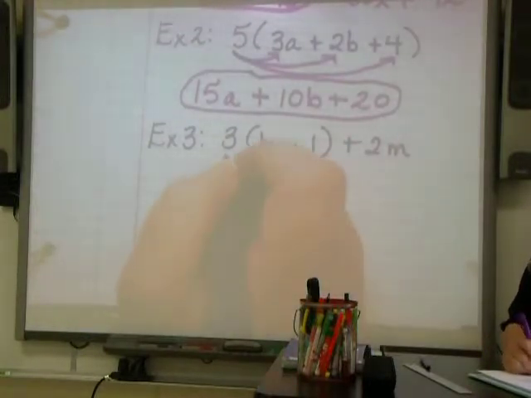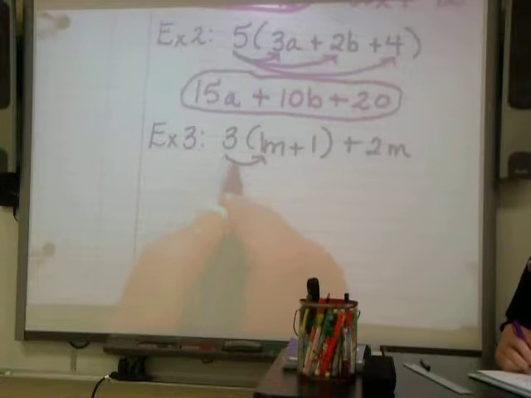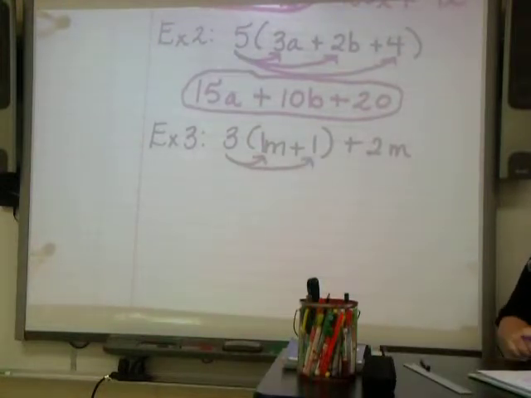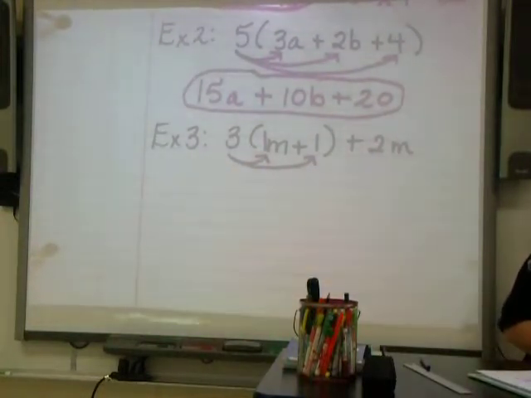I have to distribute the 3 to the m and the 3 to the 1. Do I distribute the 3 to the 2m? No, because it's not inside of those parentheses. I only give it to the things that are inside the parentheses.